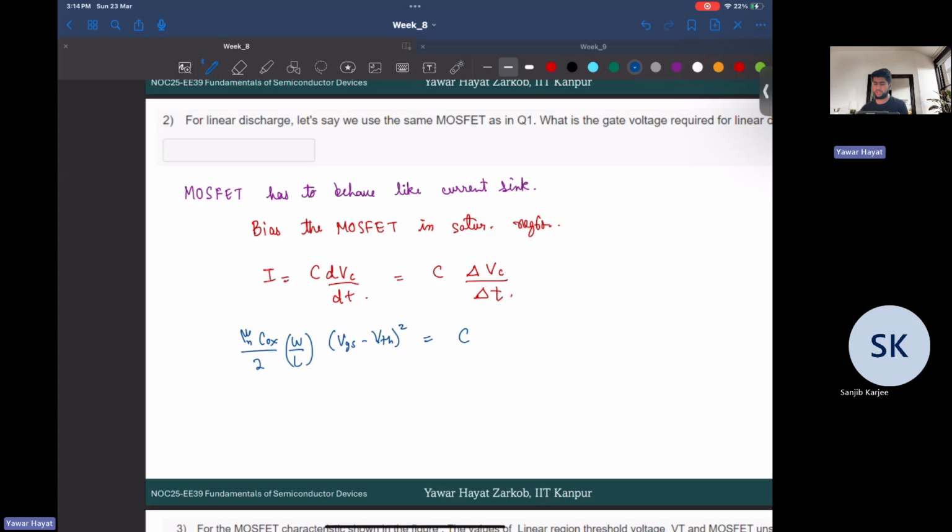And that is equal to C delta VC by delta T. Then on rearranging, we'll get that your VG is equal to VTH plus square root of 2C delta VC whole divided by mu n Cox W by L delta T.